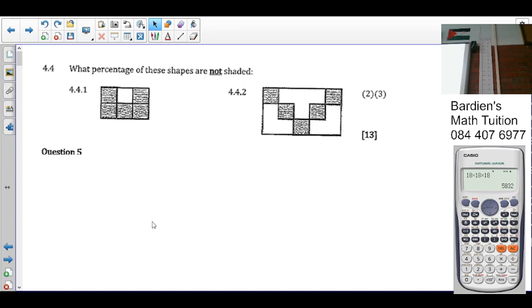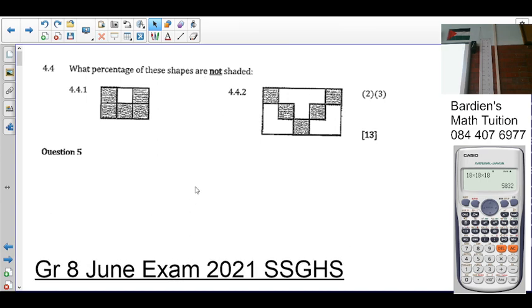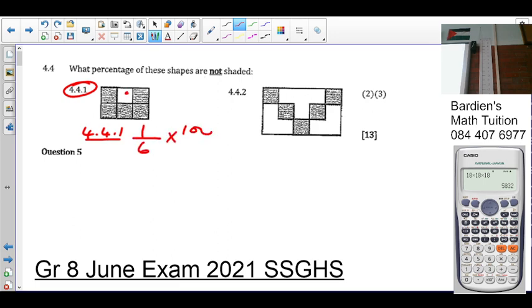People, 4.4, they want to know what percentage of these shapes are not shaded. So how much of this is not shaded? 1 out of 6. So I must times that by 100 over 1. Why? Because they want it in percentage. So 2 goes into here thrice, into here 50 times.